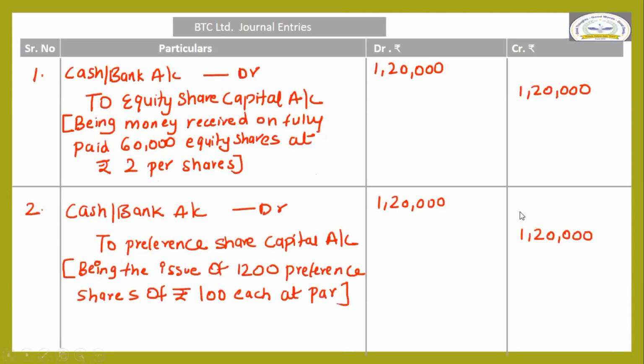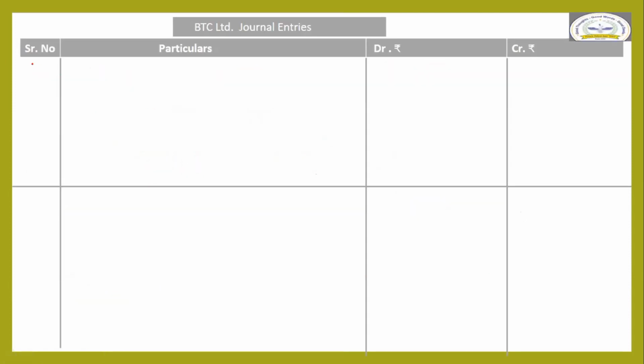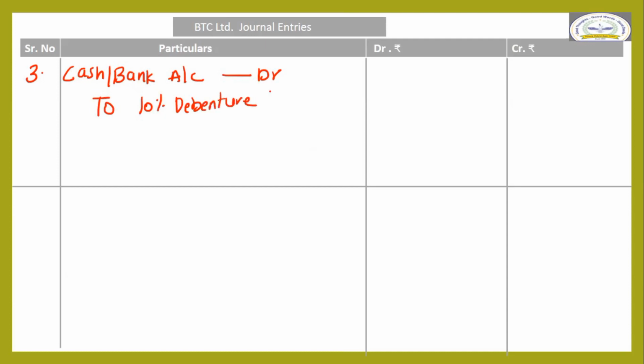In the same way we pass the entry as we receive the money. Cash or bank account debit, to 10% debenture account, and the amount is 1 lakh rupees.